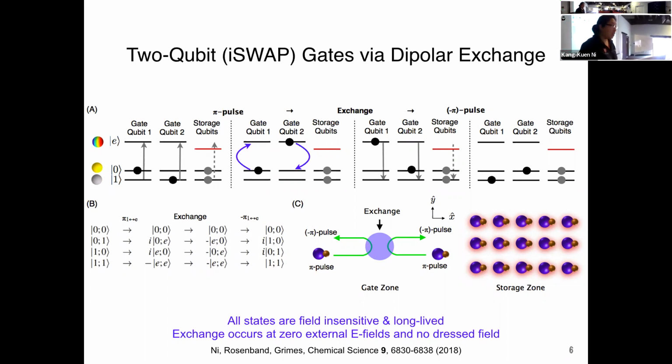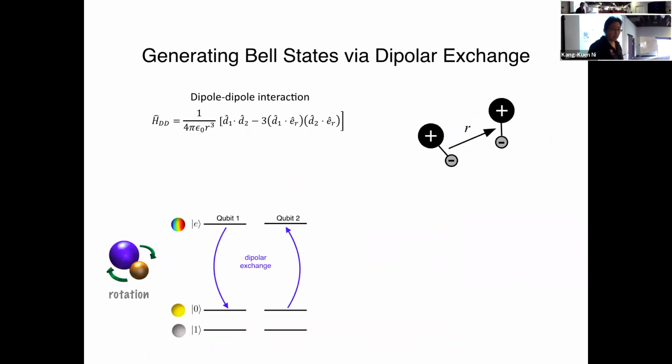Okay, so then it turns out it's also quite easy to get this iSWAP in a way that any coupling, you know, any two-level system with these kind of coupling, you can actually readily get these kind of gates. Okay, and I'll illustrate that in a little bit.